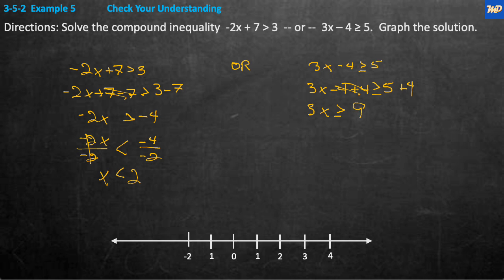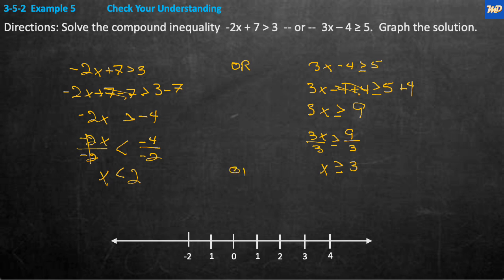Now we're dividing by 3 to get the x by itself, and it's a positive, so we do not change the direction of the inequality. So 3x divided by 3 is greater than or equal to 9 divided by 3. So x is greater than or equal to 3.